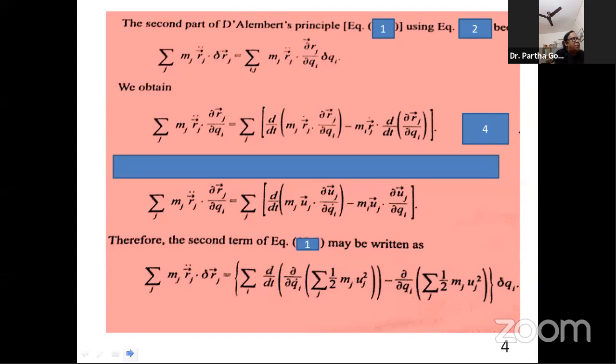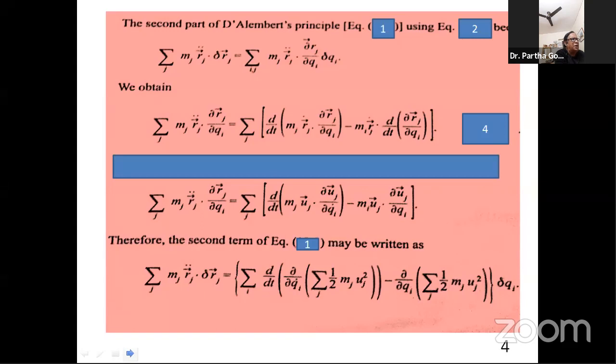Second term involved mj rj double dot delta rj, which is, you are dividing by delta q, multiplying by delta q, so to say. So we obtain the left-hand side equal to derivative with respect to time of this quantity minus the quantity that I have written down. By doing the differentiation, one can check that this is all right.